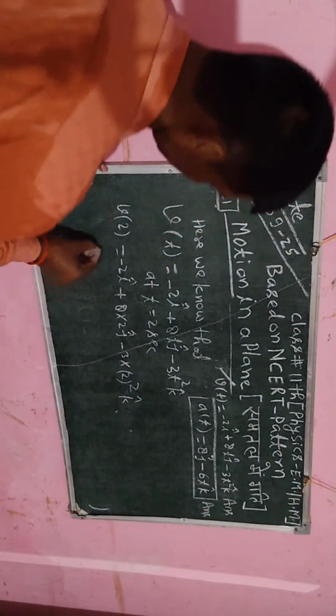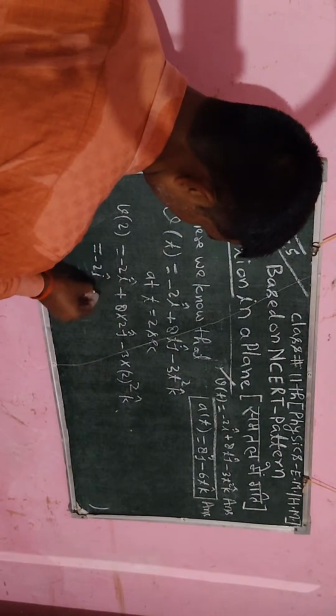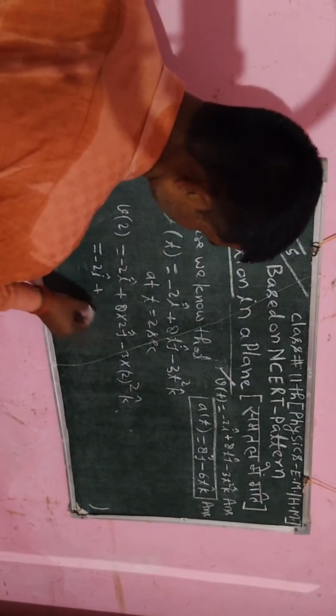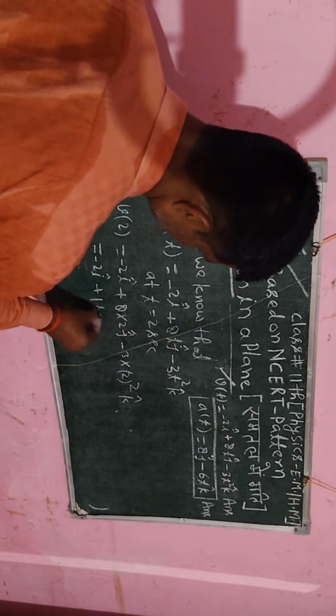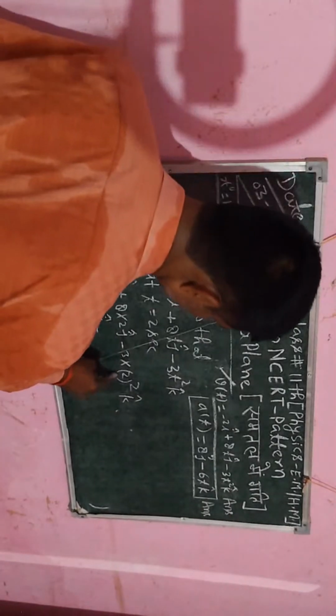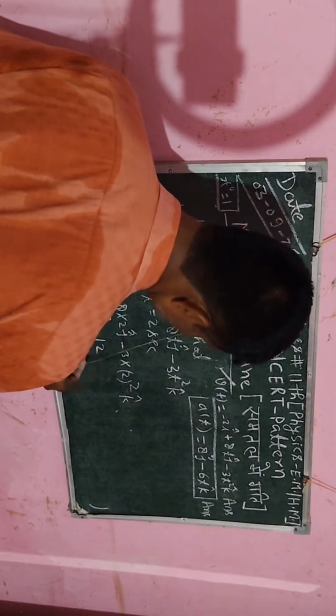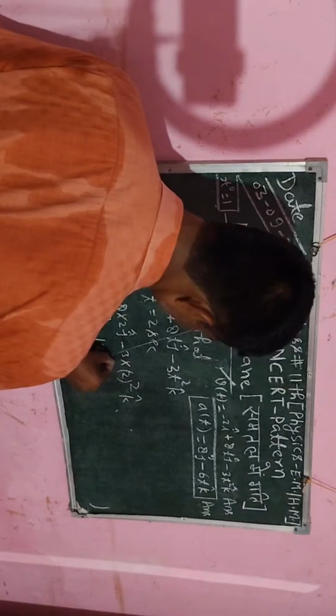I will further simplify it. So here we will get minus 2 vector i cap, and then 16 vector j cap, and then 3 times 4, that is 12, vector k cap.